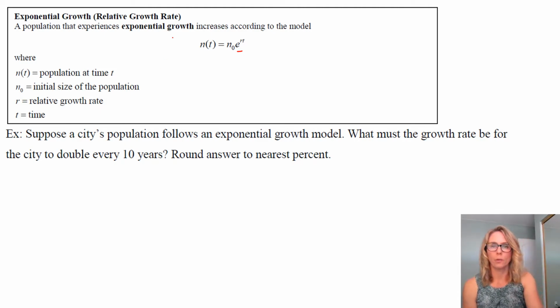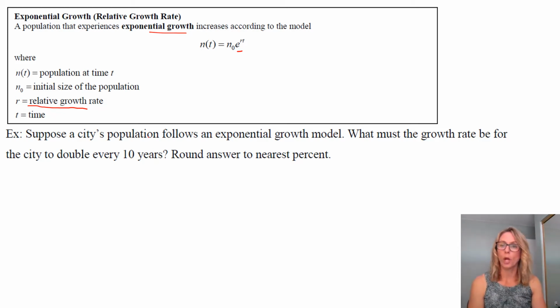But when we talk about exponential growth, we typically use that base e. So very similar to when we saw it with continuous compounding, these have a relationship. Notice you're given the information, similar to some of the stuff we did last time. Probably the only big difference is we want the relative growth rate. We're going to need that information.